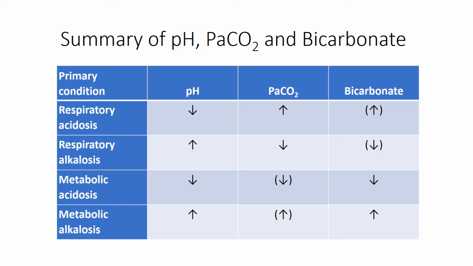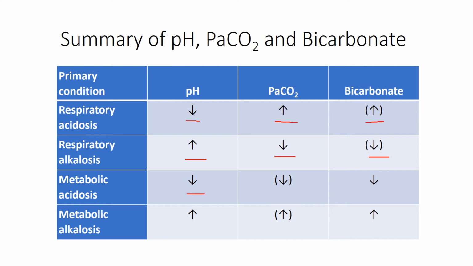So in summary, respiratory acidosis is a low pH with a high arterial pressure of carbon dioxide. You may or may not get a compensation, that's why it's in brackets, of bicarbonate, which will go up. Respiratory alkalosis gives you a higher pH, a lower arterial pressure of carbon dioxide, and you may or may not get compensation from the bicarbonate levels in the metabolic system.